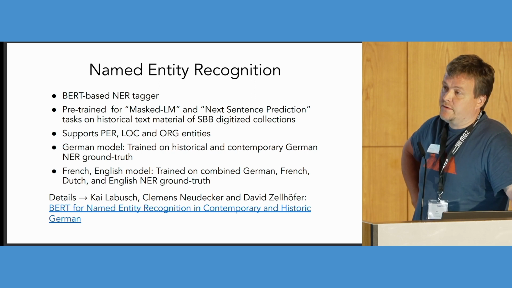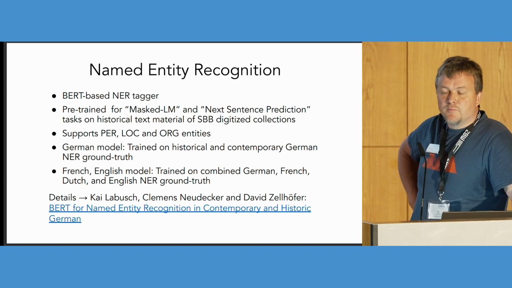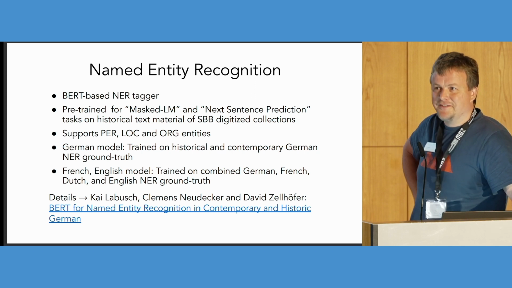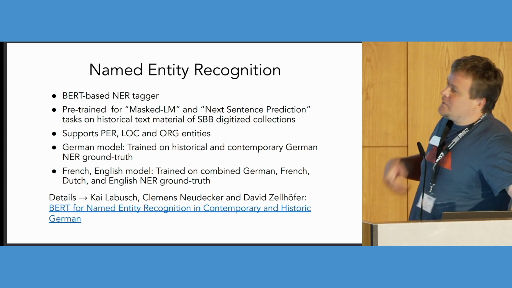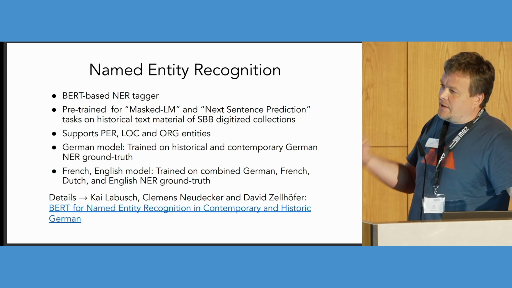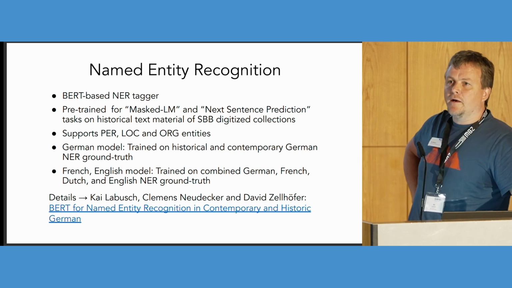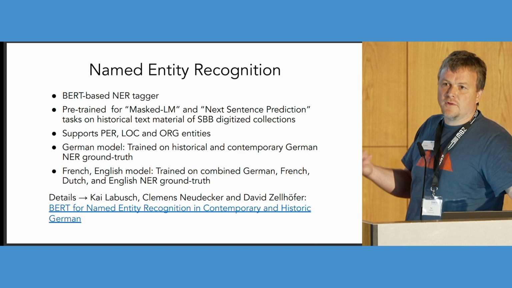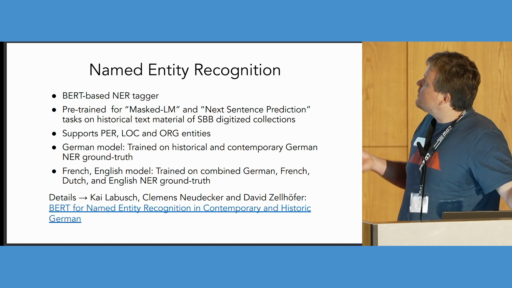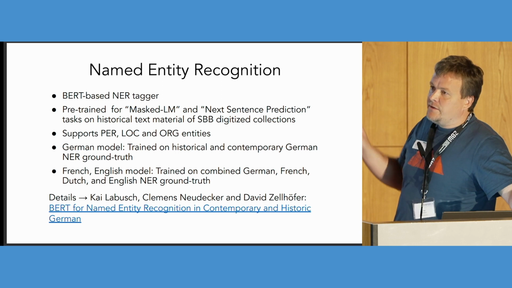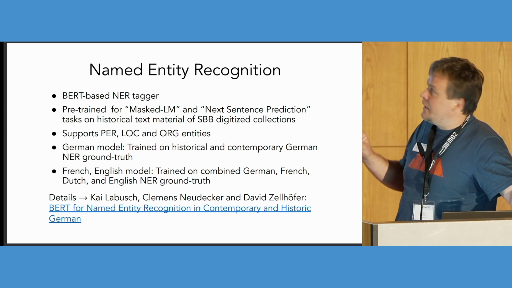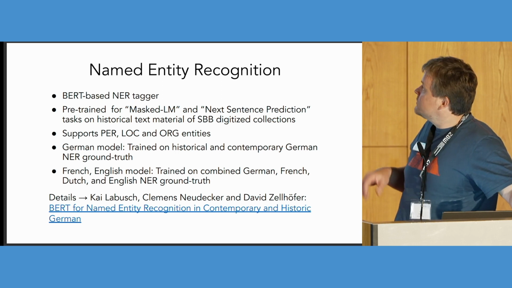Most of the text stems from error-prone OCR, so it contains many errors. And so we pre-trained the model in order to get it used to this type of text, and afterwards we fine-tuned the models on actual NER ground truths.